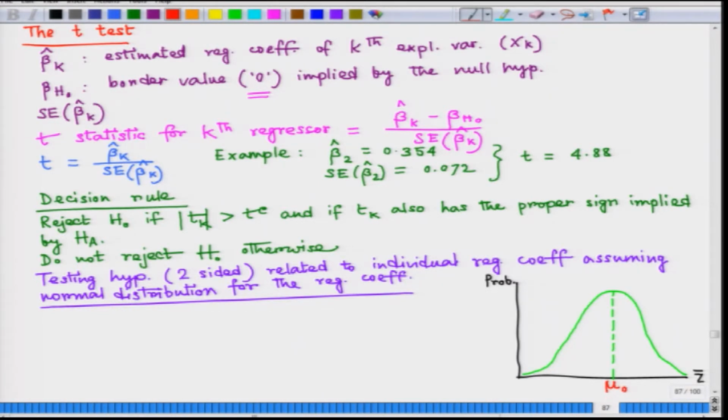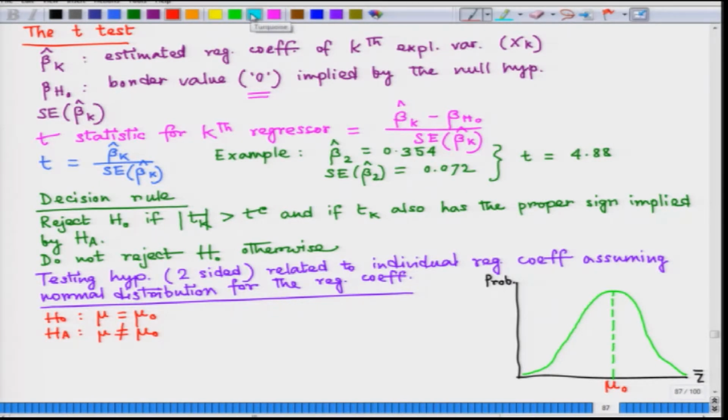That is the null hypothesis value that we are testing, against the alternative hypothesis, which is stated by this. Okay.